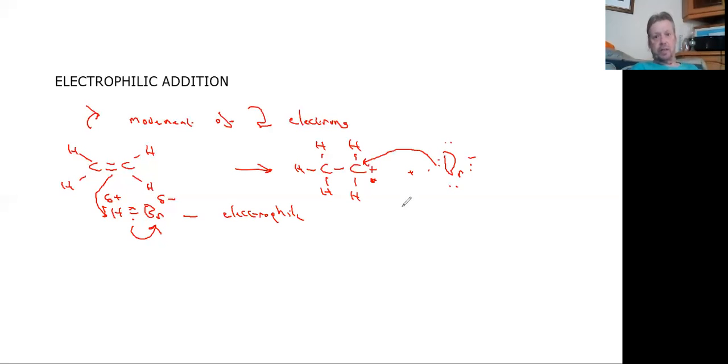And our product, I'm not going to write out all the bonds. You should be able to switch between the two types of formulae. How many hydrogens have we got on there? We've only got 2. And we've got the bromine. And that is our first electrophilic addition reaction.